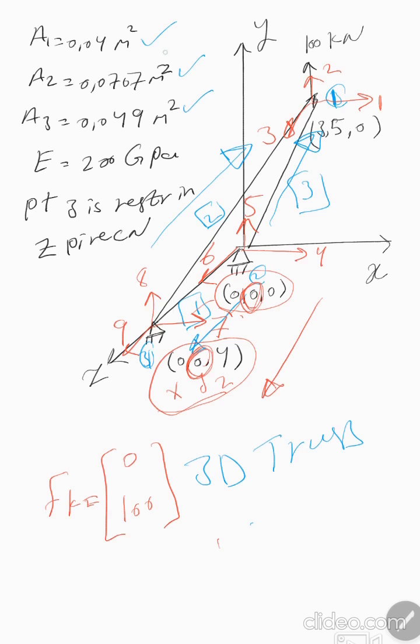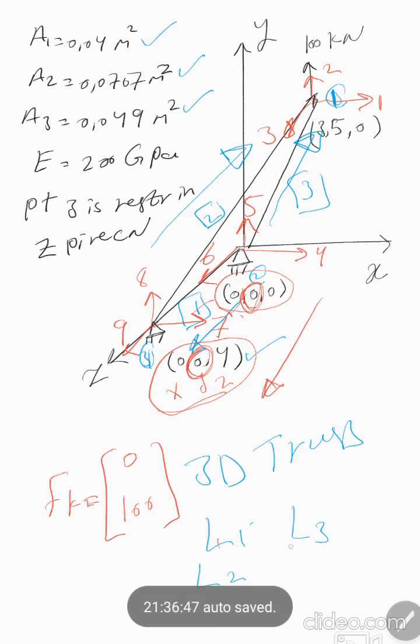Also we have different lengths: L1 for member number 1, L2 for member number 2, and L3 for member number 3.